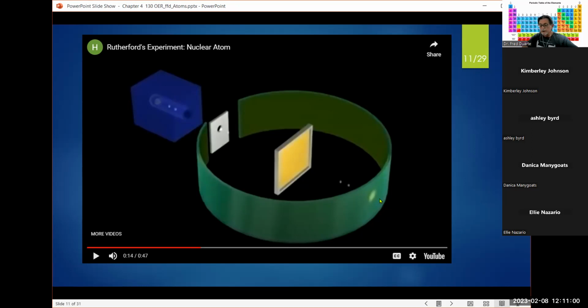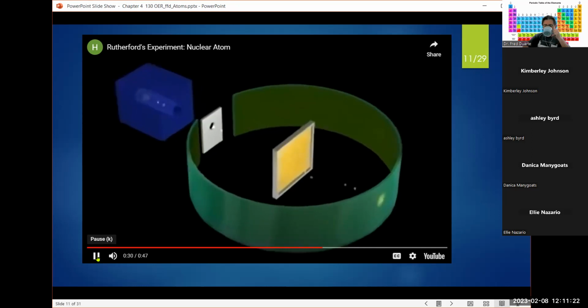But occasionally, you can see the ricochet, the light, it lights up here on this side and then that side, all over the place. Found to be scattered at large angles, some even back in the direction from which they had come. This meant that they had collided with an object much more massive than the alpha particles themselves, yet so small that only a few alpha particles encountered them.